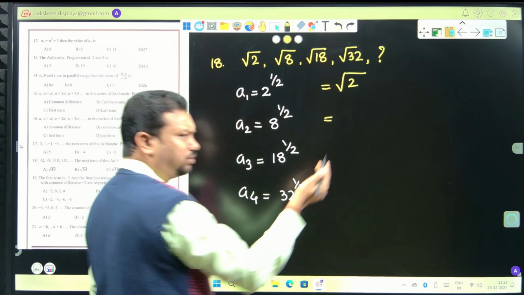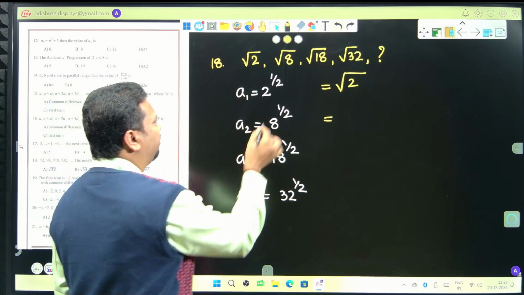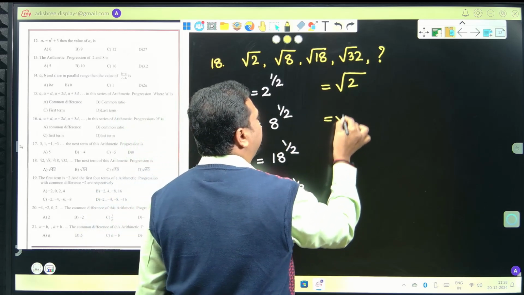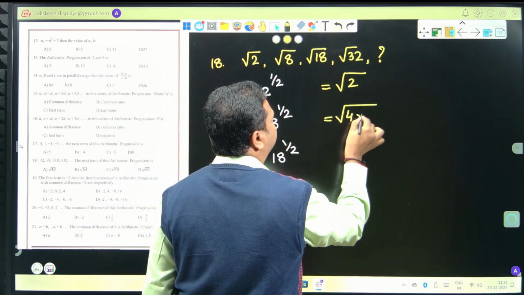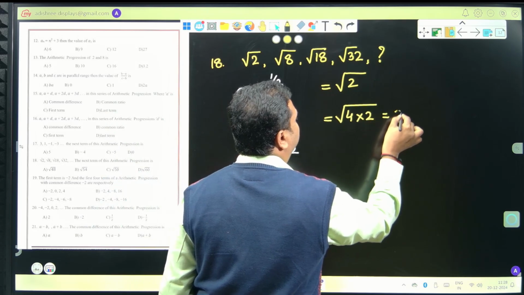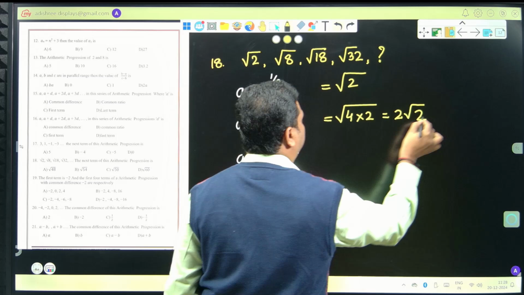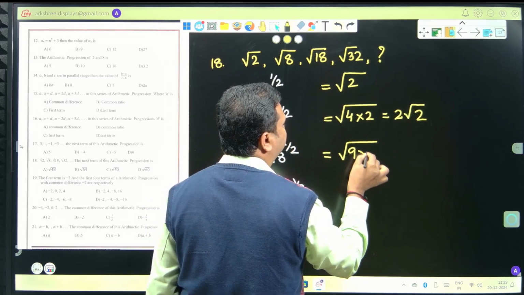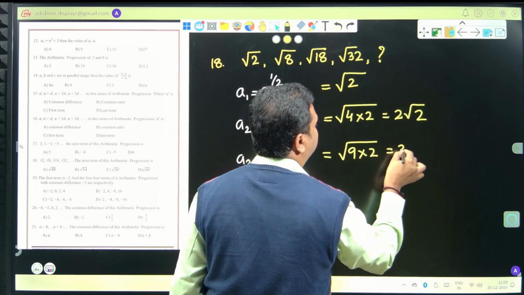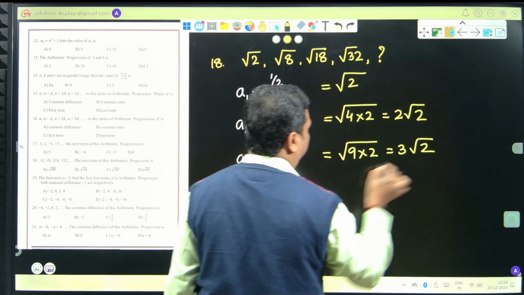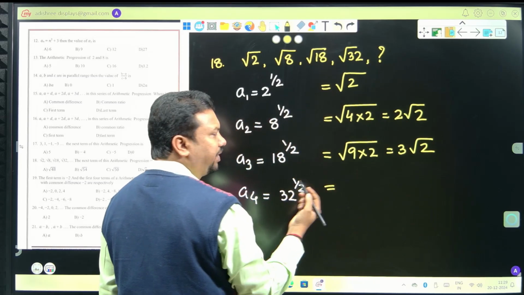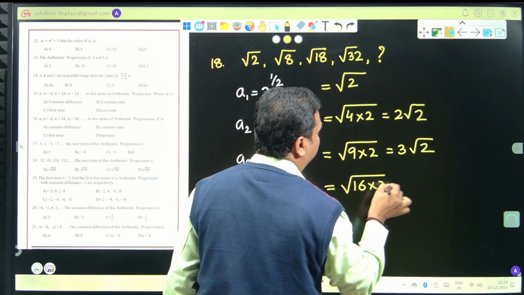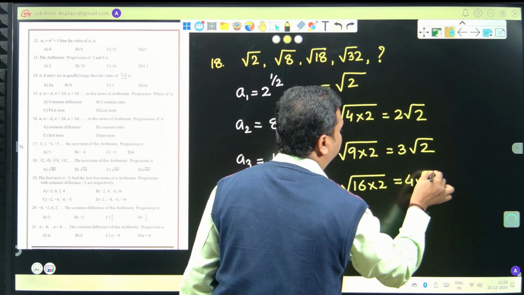Root 2 to the power 1/2 is nothing but root 2. But root 8, can we write it as 4 into 2? So that will become 2 root 2. Similarly, root 18, can we write it as 9 into 2? Which can be written as 3 root 2. Root 32, can you write it as 16 into 2? So that will become 4 root 2.